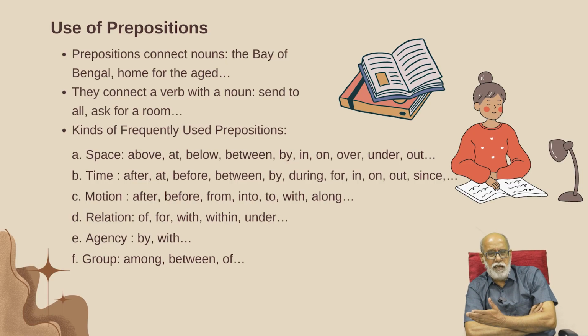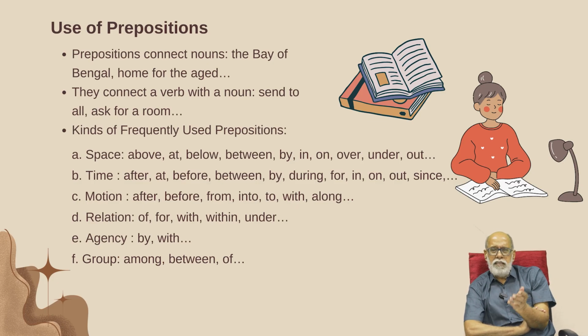He was still 39. And this club is open only to men and women above 40. Or a driving license in India cannot be given to people below 18, below the age of 18. So below also indicates some kind of time, as do between, in, during, etc.